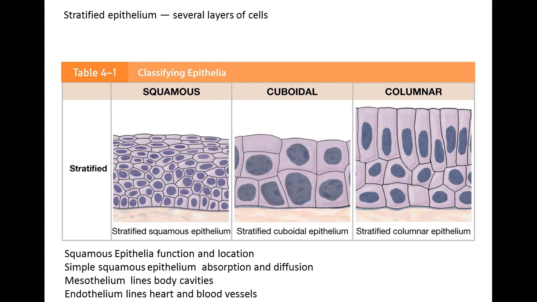Function and location will dictate whether it's simple or stratified, and you also have a unique adaptation, I guess I might say. The mesothelium lines body cavities, and then endothelium lines the heart and blood vessels. So you have a special adaptation for those particular areas of these types of epithelial tissue.